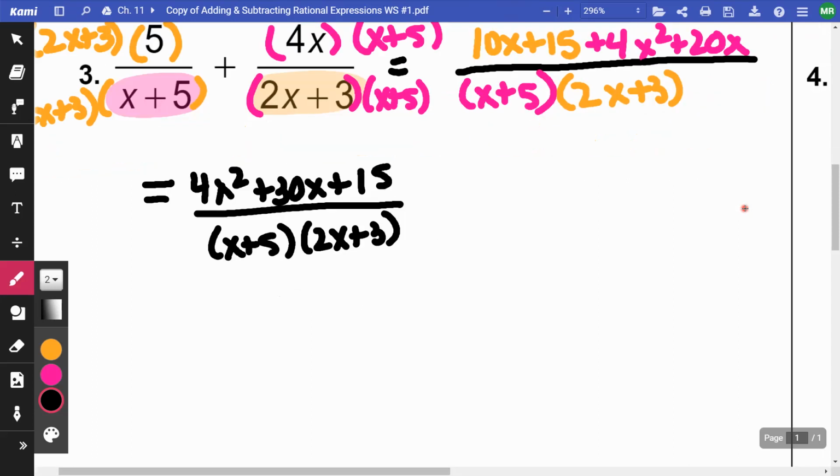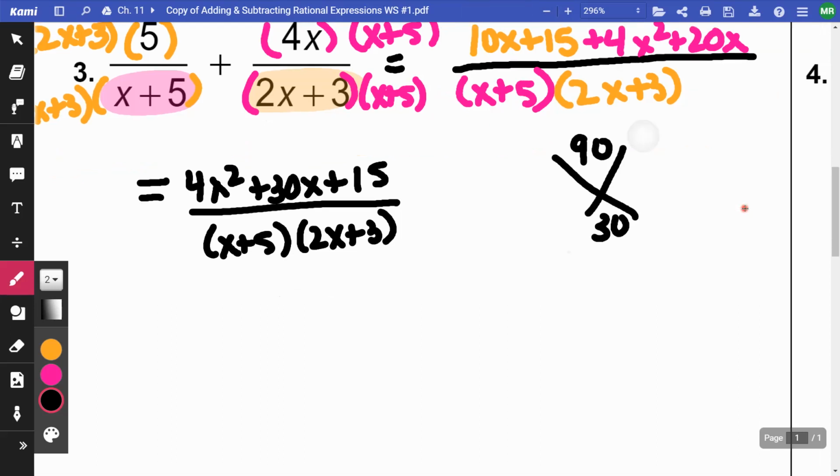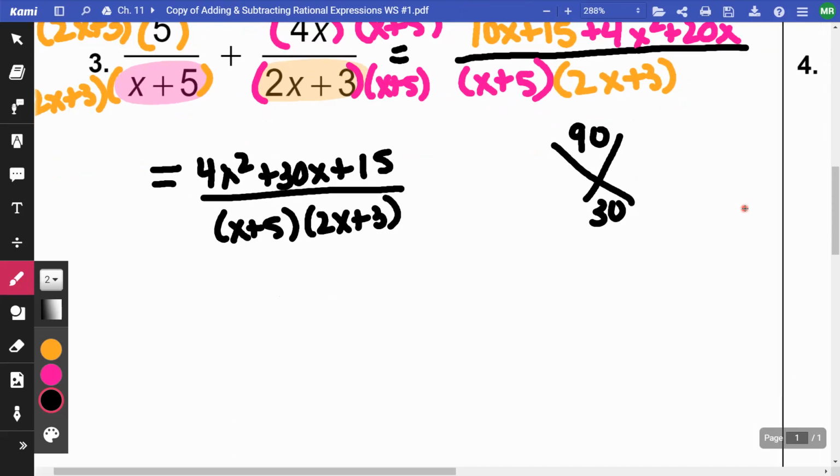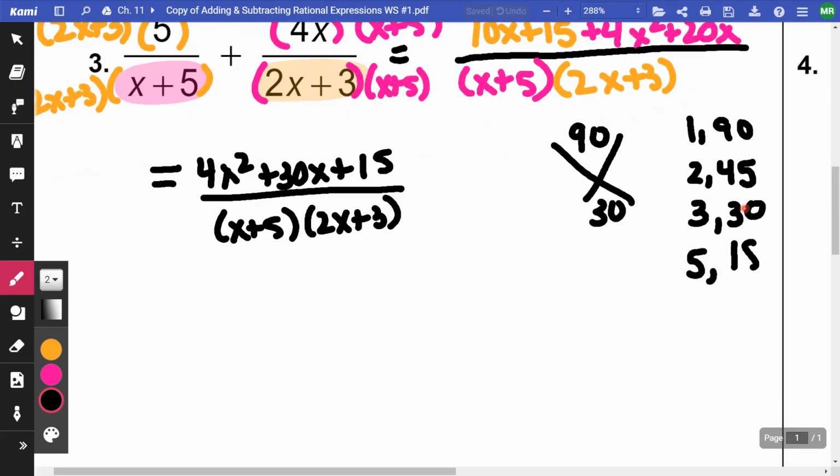And let me just check, 15 times 4 is 60. So I want something that multiplies to 90 and adds to 30. 1 and 90, 2 and 45, 3 and 30. 4 does not go in nicely. 5 goes in 18 times.